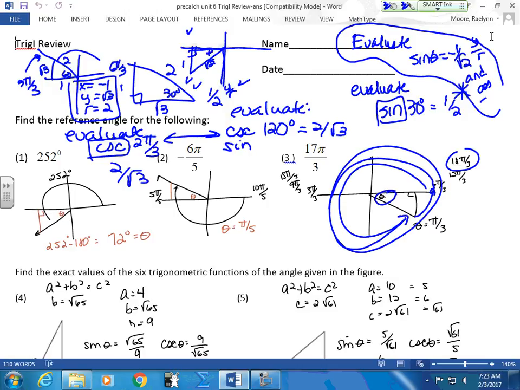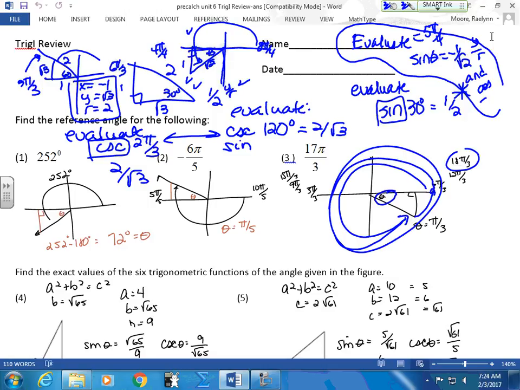How many times does 45 go into 180? 4. So it's going to be something pi over 4, right? So I'm going to say 4 pi over 4, 8 pi over 4. If I come all the way around, what would my angle be? 5 pi over 4. So this answer is 5 pi over 4.